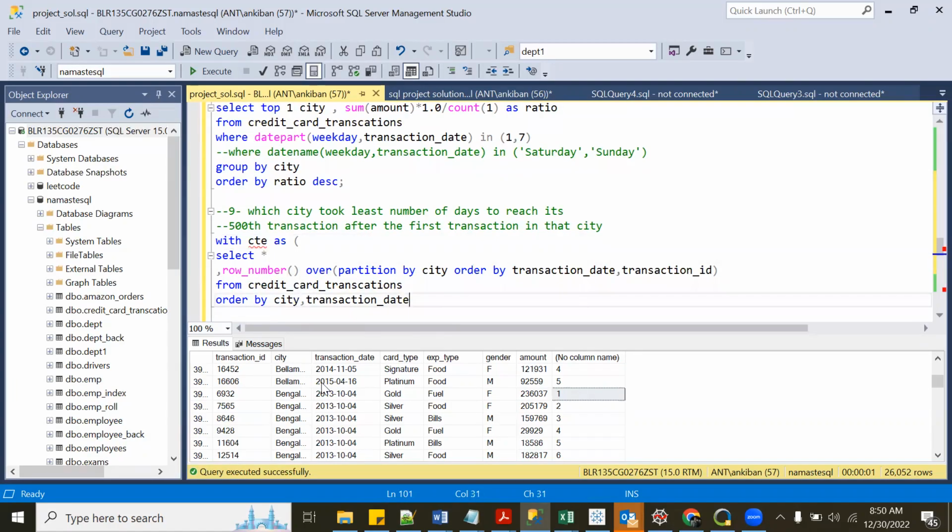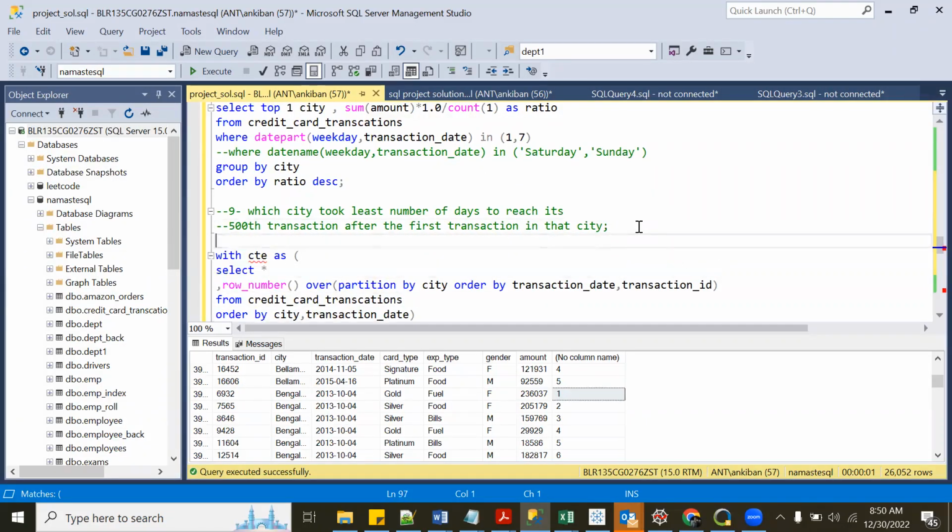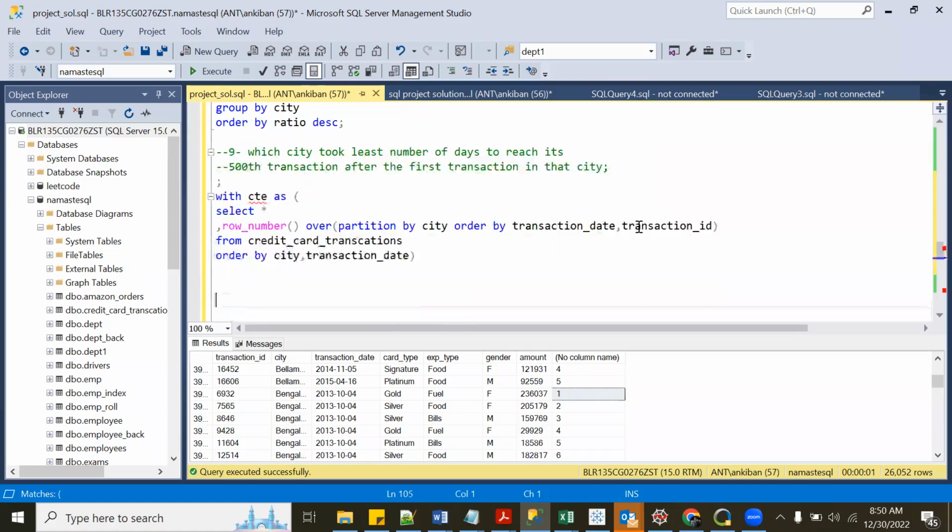Okay, now what I will do. First, we have to filter all the 500 transactions, right? So I will say select star from city where... why is this giving me error?